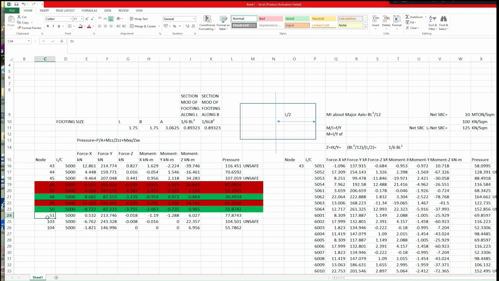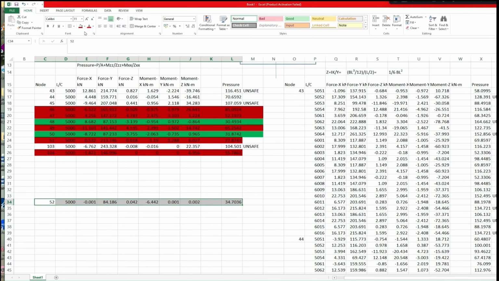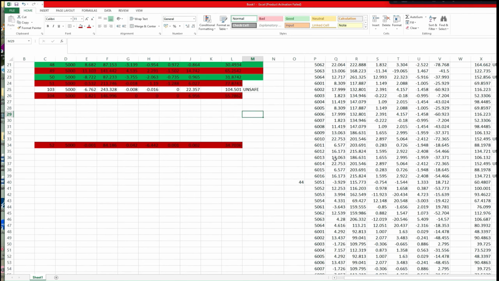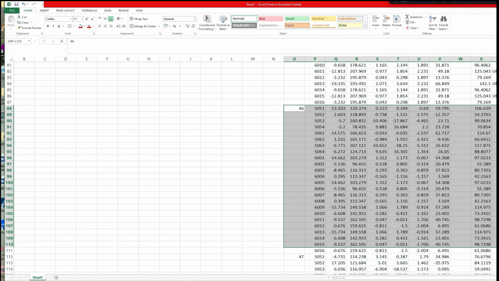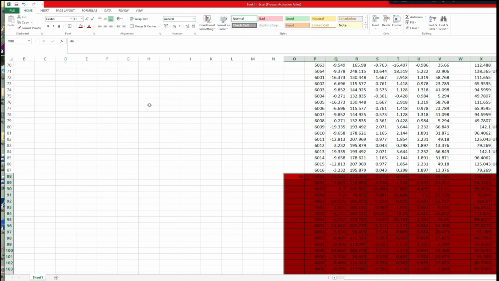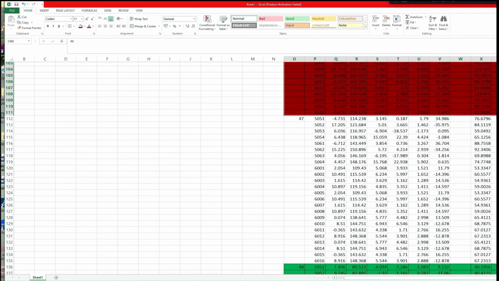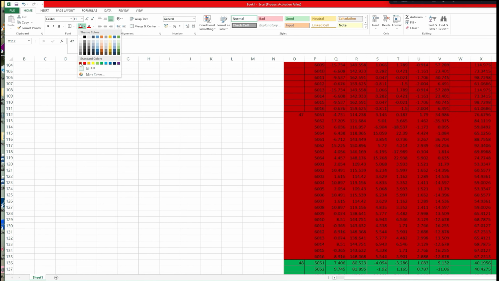Then 46, 47, 49, 51. It is not brown, it is brick color.